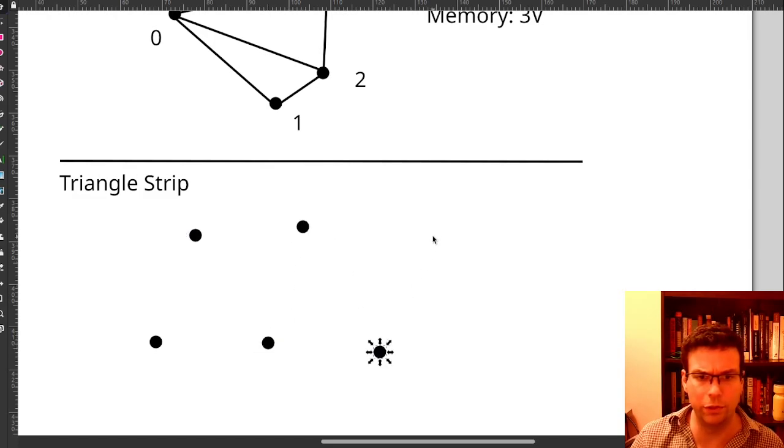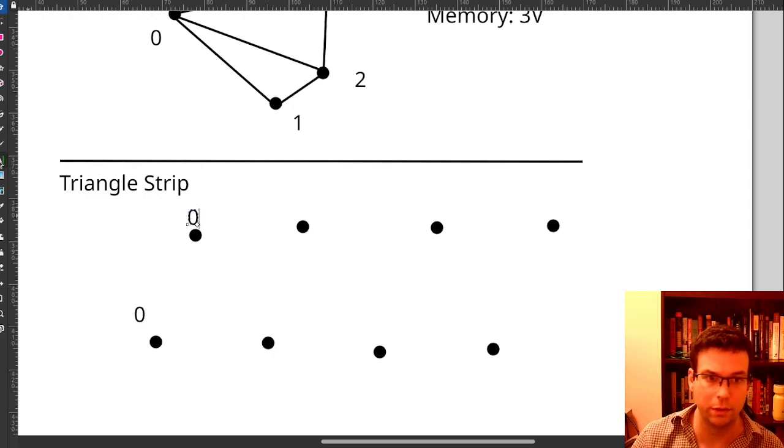And what you do is think about alternating these up and down now. This here is vertex 0, this is vertex 1, this is vertex 2. Now they don't have to be perfectly up and down. Maybe I'll move them around a little bit.